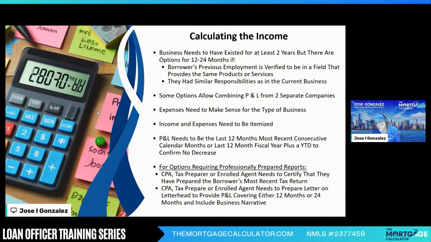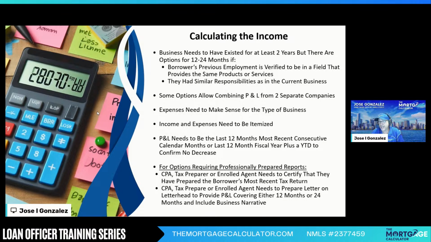I mean, you'd probably do a 1099 loan there, possibly, but P&L is still an option. Or any other type of job where you're doing similar duties as a W-2 employee, and now you're doing it self-employed, right? Similar responsibilities as in the current business.